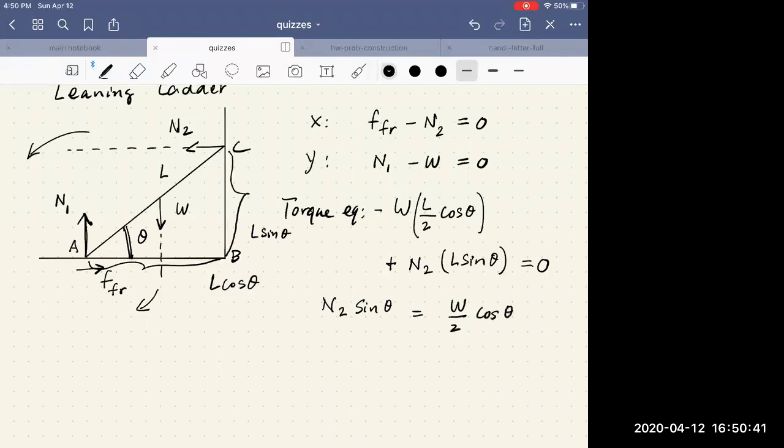As you can see, I've eliminated L because L shows up in both the terms and L is not 0. So therefore, if I know W, which is the weight of the ladder, and if I know theta, just like before, then I can find out what N2 is. And N2 is going to be W over 2 cos theta over sine theta.